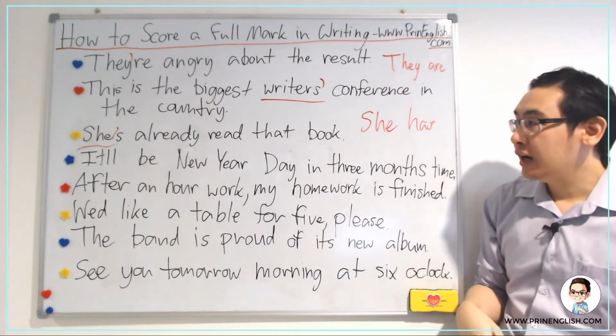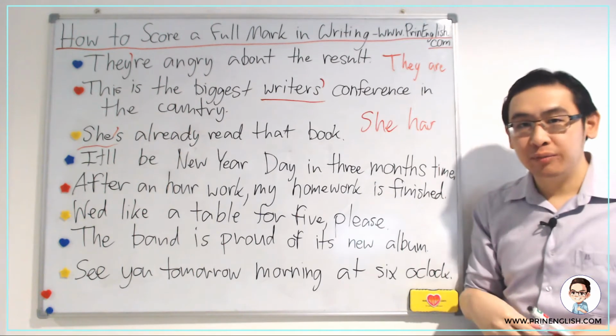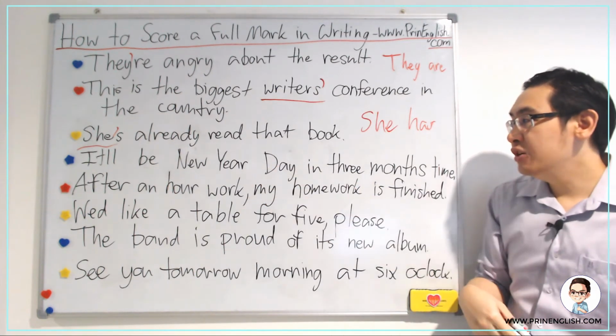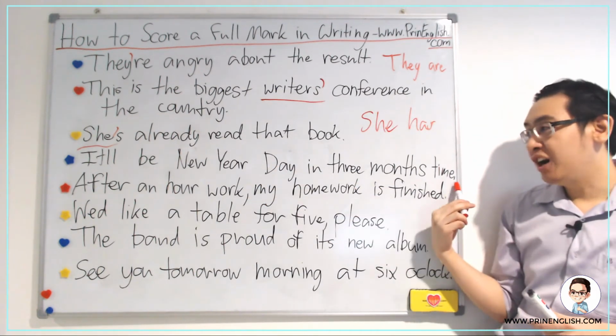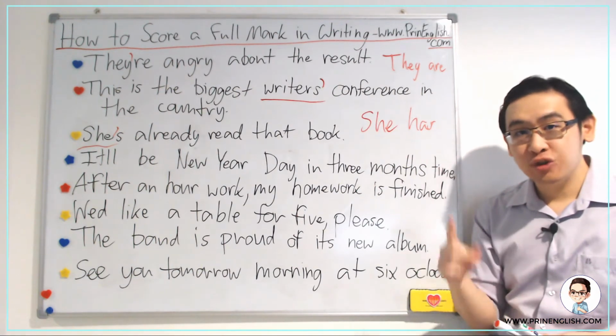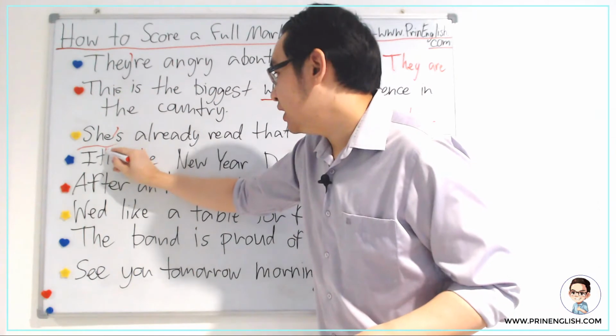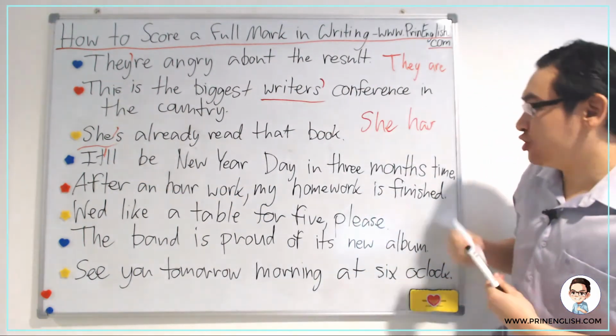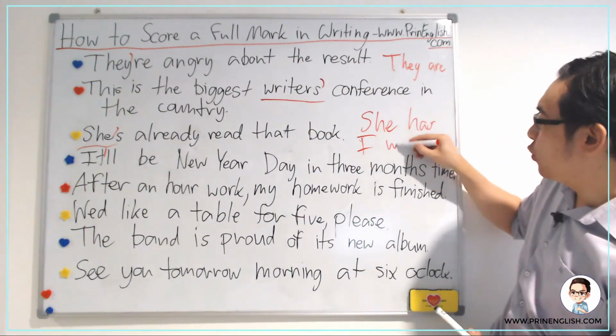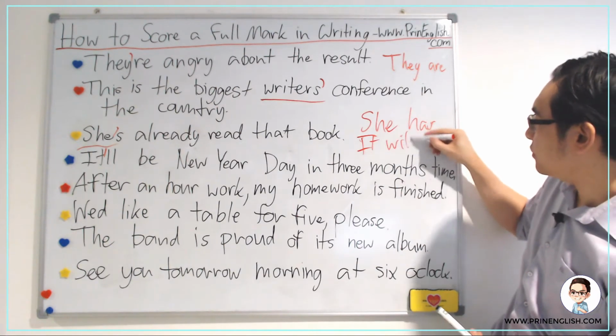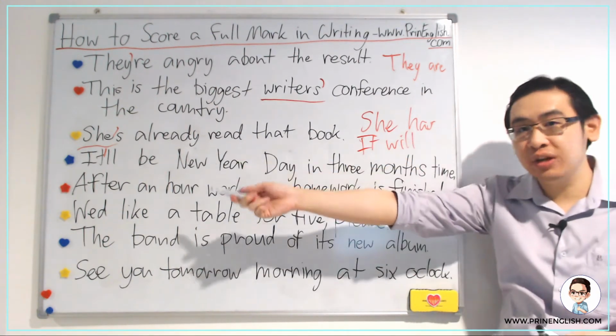Now, the fourth sentence, the one with the blue star: it'll be New Year Day in 3 months' time, okay? So, where should we put in apostrophes in this sentence? The first one is very obvious, right? Like this, because it's the short form of what? It will, okay? It will is contracted to it'll, like that.